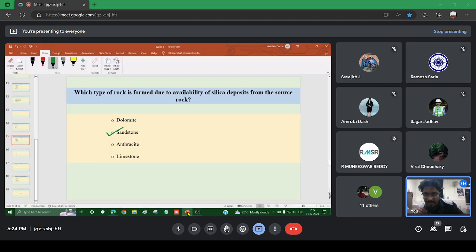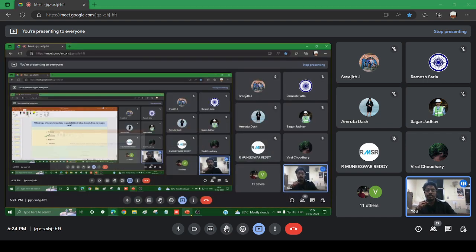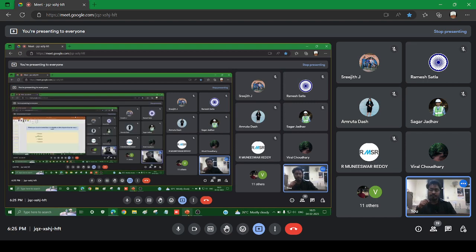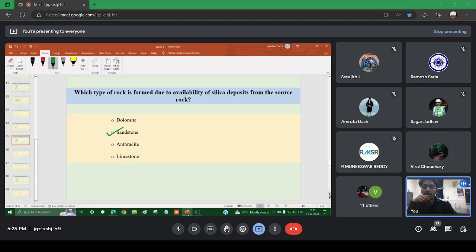So anthracite is a type of coal. Dolomite and limestone, they both. Viral, you only told that dolomite and limestone have CaCO3. You are eliminating those two. Yes, sir. So dolomite and limestone have CaCO3. They don't have silica as a major component. So sandstone is the correct answer. It is formed due to the availability of silica deposits from the source rock.